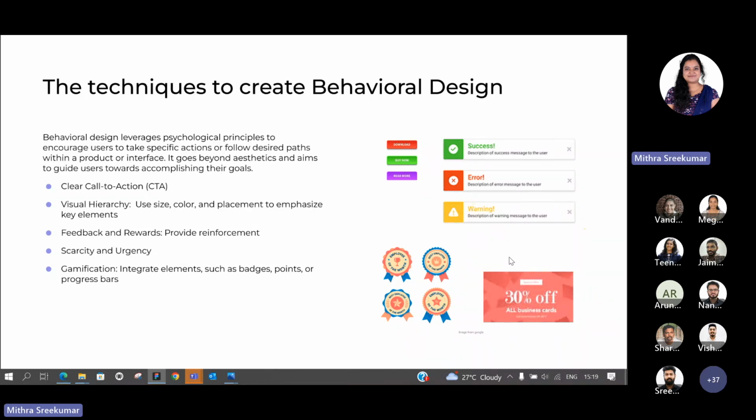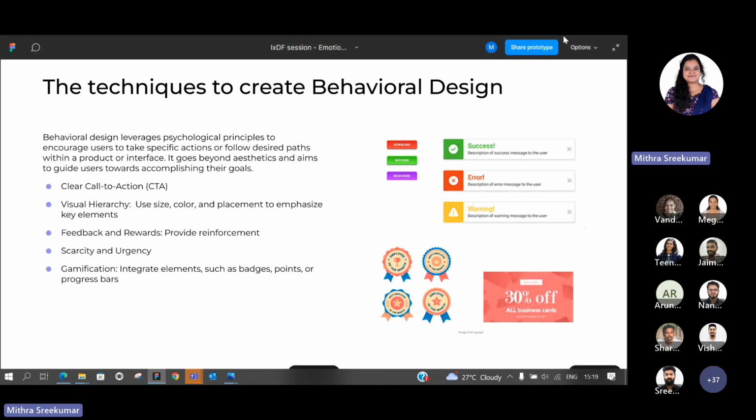And also gamification is another technique, that is integrating elements such as badges and points. So the user then thinks that he is having some progress, like that. So that kind of positive emotions can be evoked by giving badges and points.